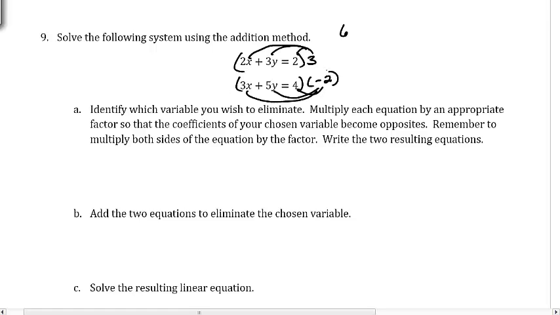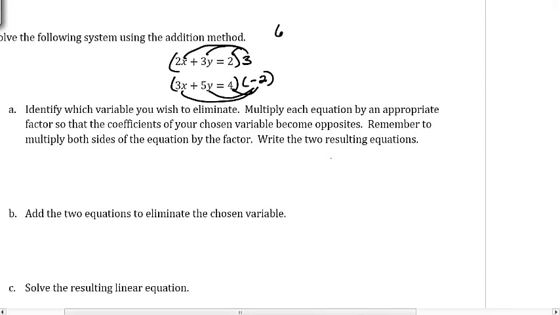Remember, you have to multiply everything in the equation by these numbers. So we're going to multiply the first equation by 3. That's going to give me 6x plus 9y equals 6. And then we're going to multiply this entire equation by negative 2, giving me negative 6x minus 10y equals negative 8.